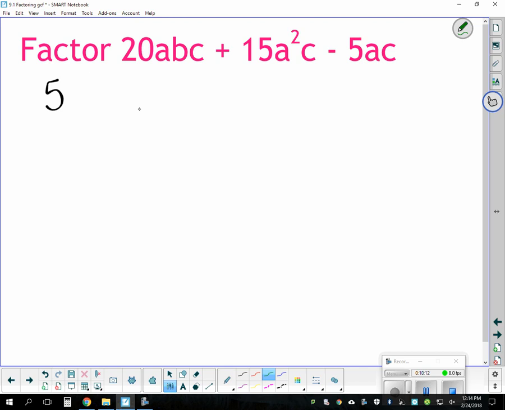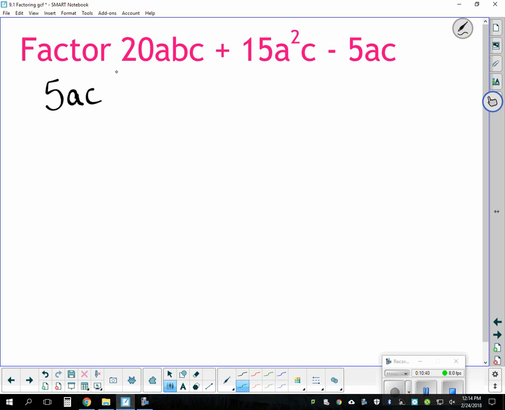They all have an a to the what? In other words, they could all be divided by a to what power? Well, this one only has an a to the first, so that's got to be the least one, a to the first. Do they all have a b? Nope, so you can't divide a b out because they don't all have one. Can you divide a c out? Yes, they all have a c to the first power, so our GCF for this problem is 5ac.